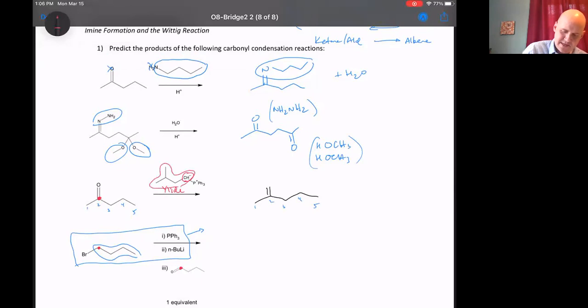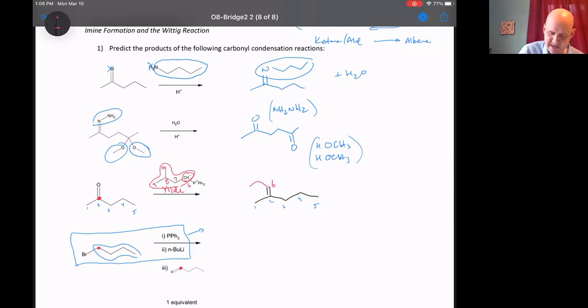And so looking at my ylid, I've got 5 carbons here. And you can number them in any way that works for you. I'm going to number them as 6, 7, 8, 9, 10. But this one, number 6, is the nucleophile, which will get together with number 2, which was my electrophile. So this would be my carbon number 6, immediately attached in the alkene.